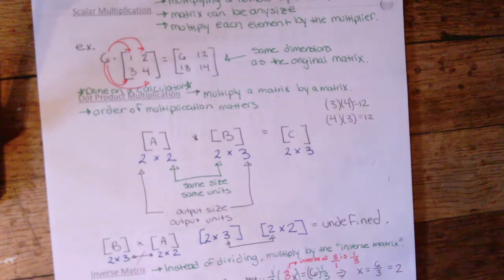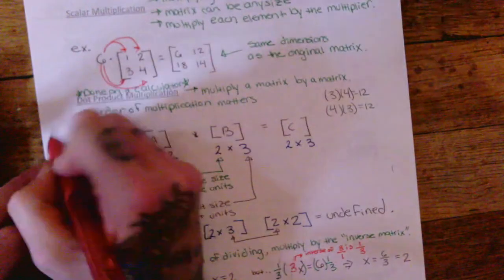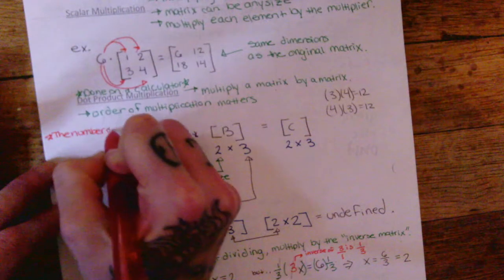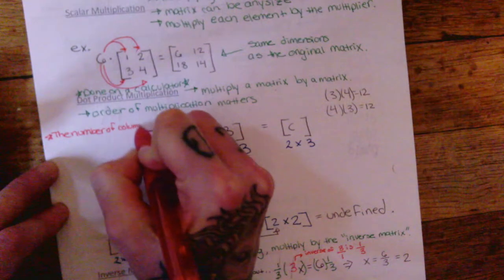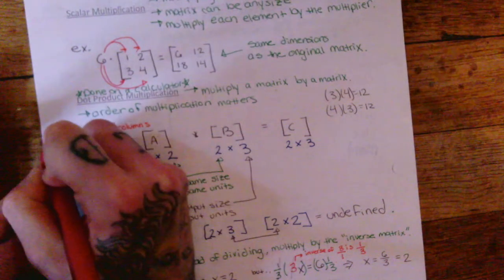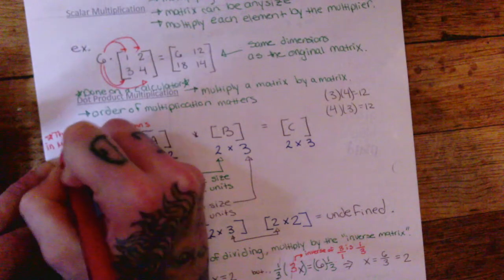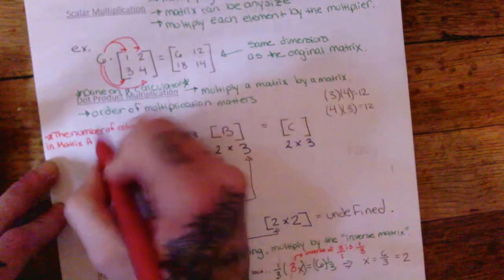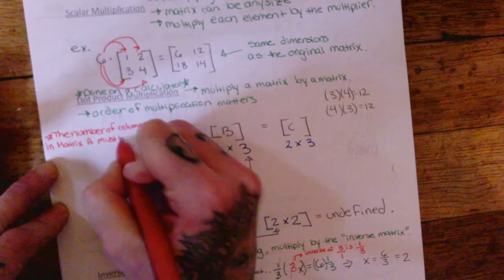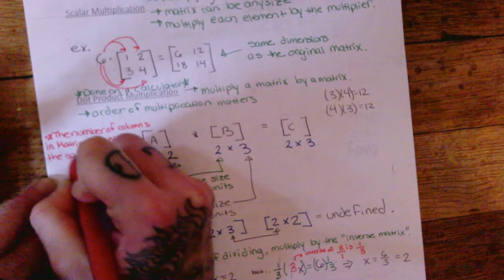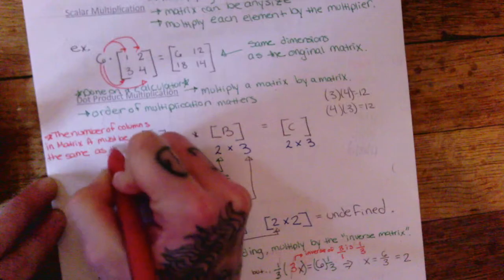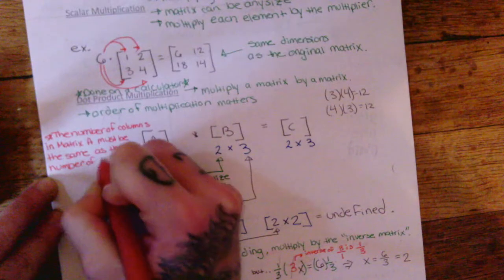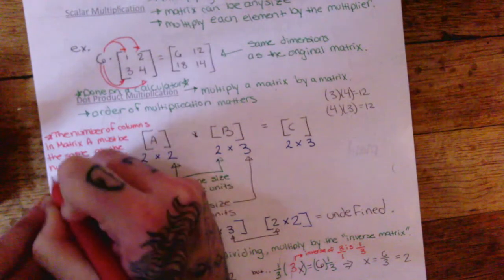If we were to put it into words, we could say that the number of columns in matrix 1, or matrix A, whatever the first matrix is, the number of columns in matrix A must be the same as the number of rows in matrix B, or 2.